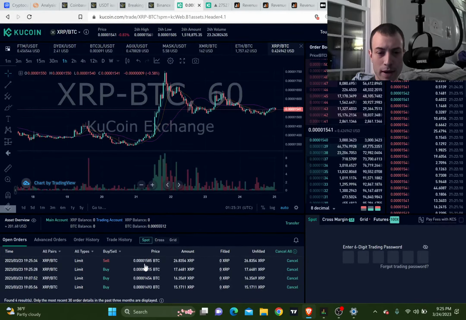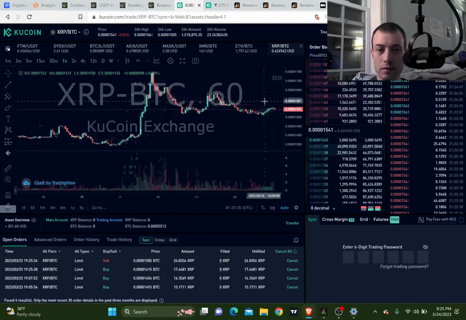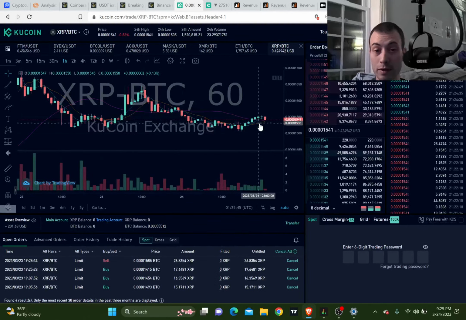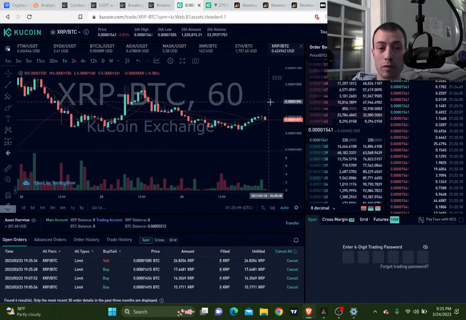In order for me to get out, the price would have to reach 1585, which is just slightly over this prior high over here. So if it goes up there and it closes out, that will be a profitable trade. If it goes down further, it's going to continue to fill my buy orders that you can see outlined down here.